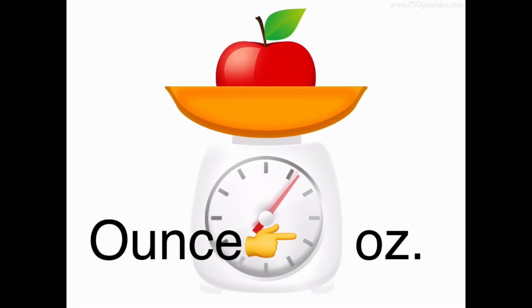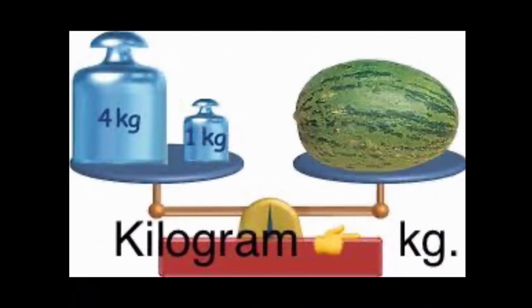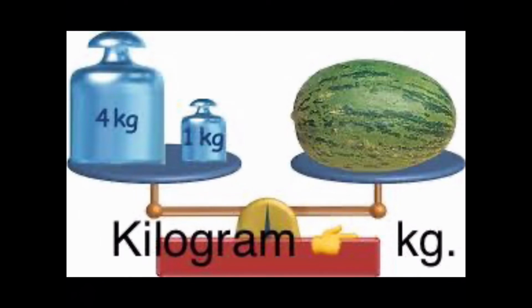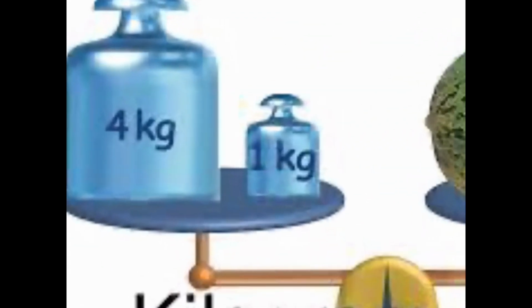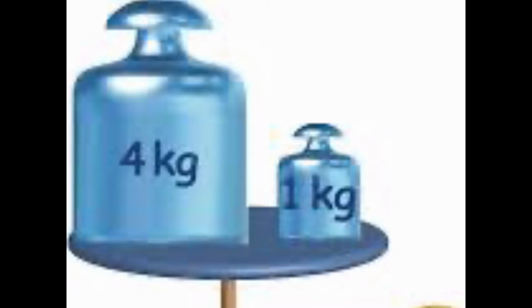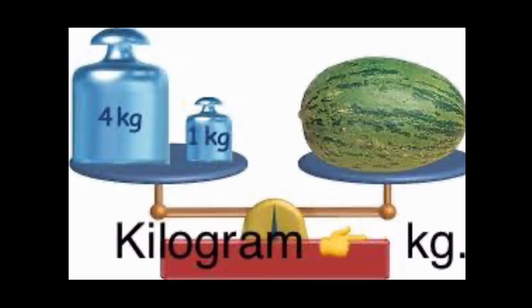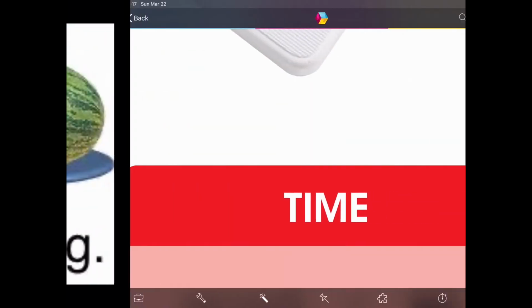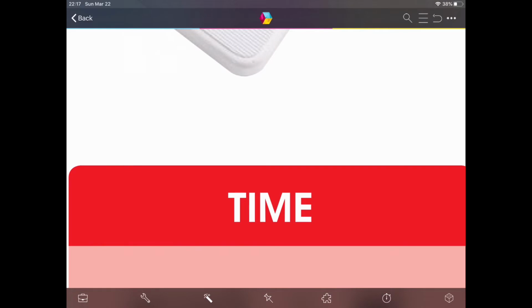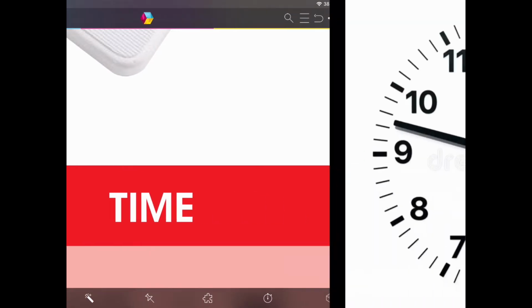Then we have an ounce, which is abbreviated into OZ and a period. A kilogram, like the ones here, is abbreviated into kg. For example, here we have 4 kilograms and 1 kilogram. Although we don't have the complete word, we can identify just by the abbreviation. Then we have timing. During time, this is something that we already learned earlier.